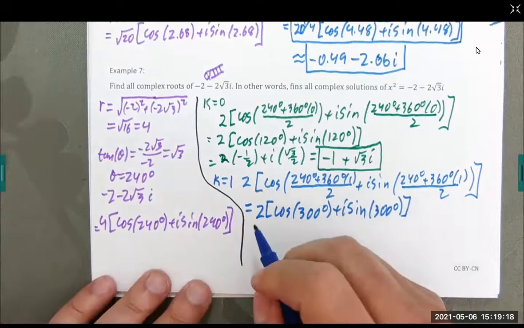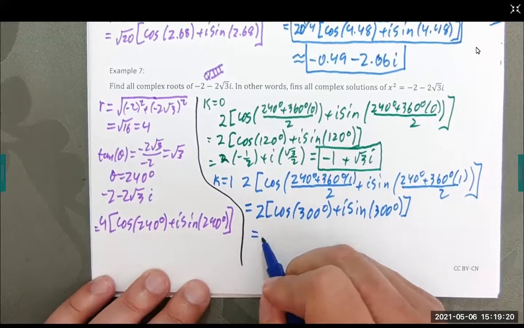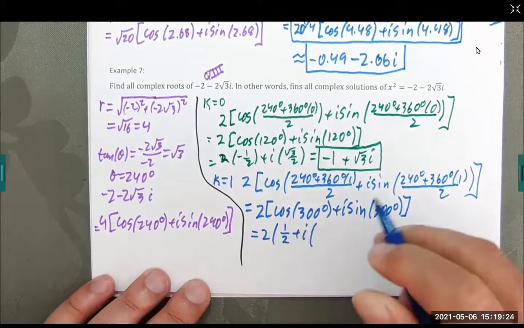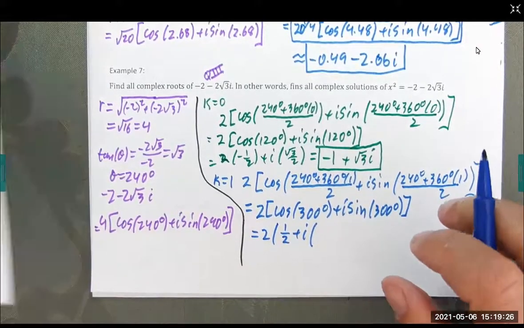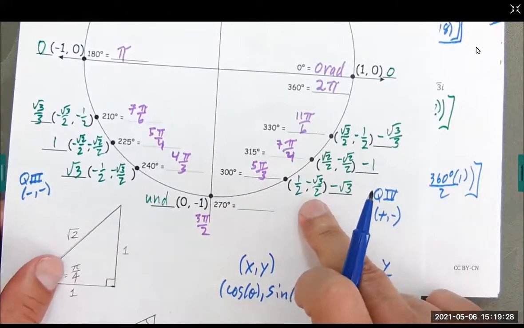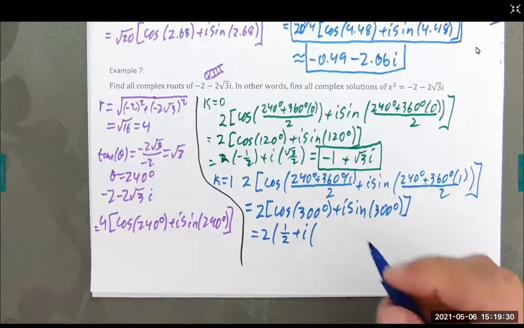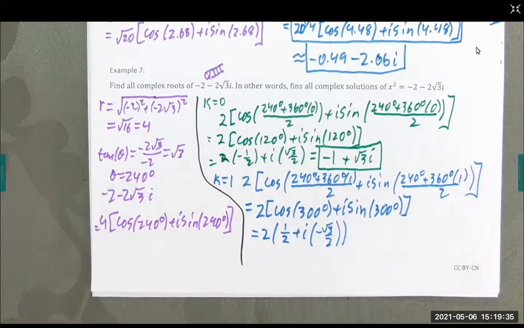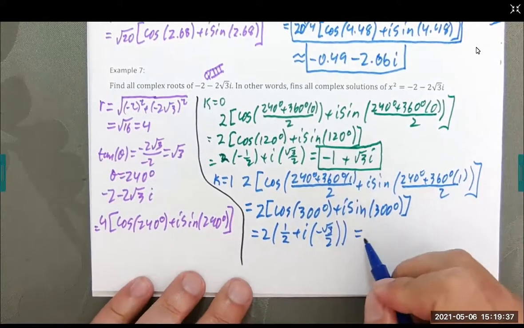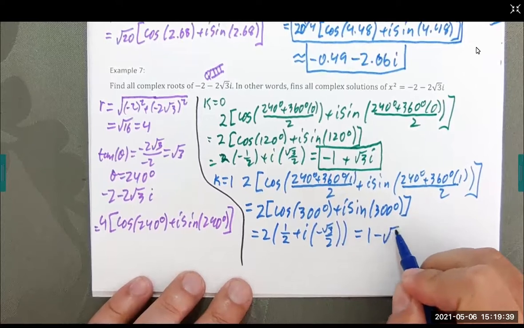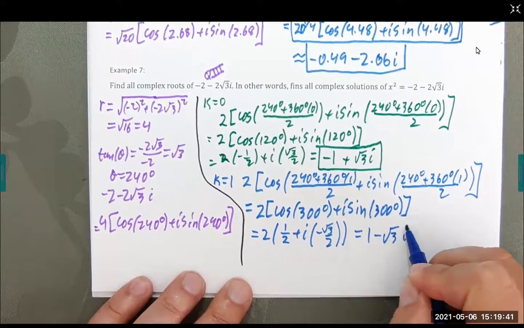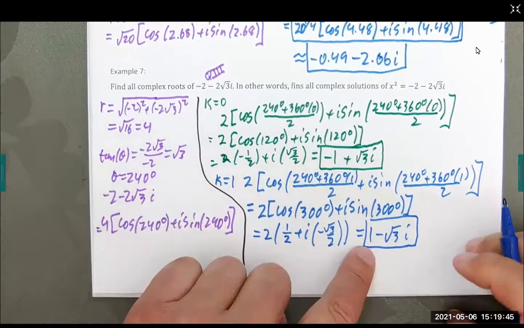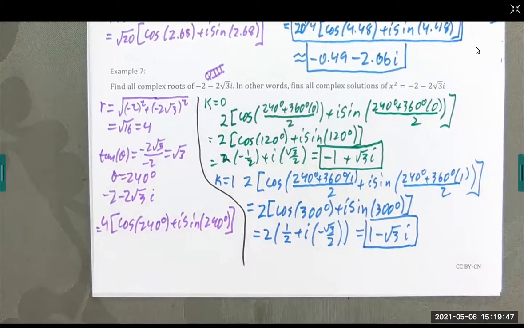So this is 2 times +1/2 plus I times, now sine of 300 degrees is the y coordinate, -√3/2. And multiplying through by 2, we get 1 minus √3i. And you can see the similarity between these two answers. Definitely a connection.